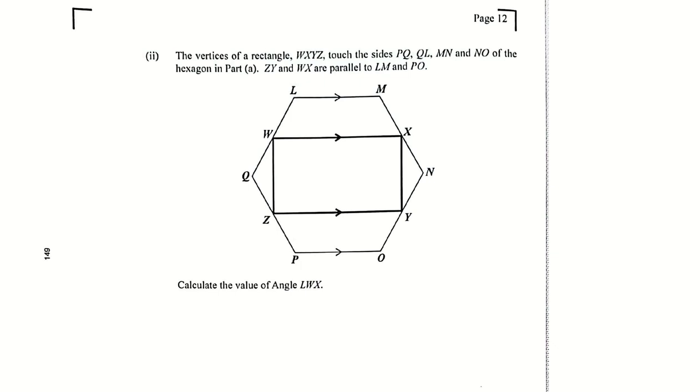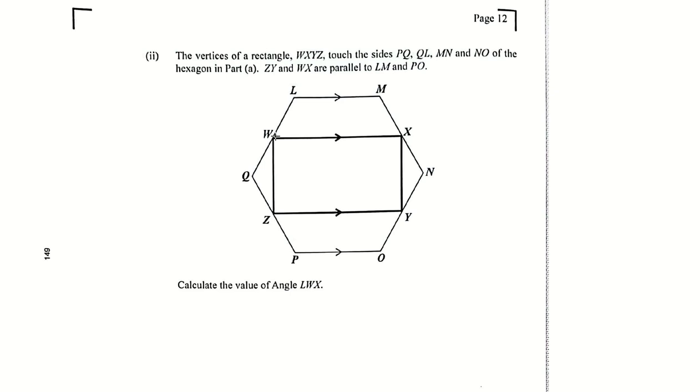Zoom in. The vertices of a triangle, the vertices meaning where two or more lines intersect, right?